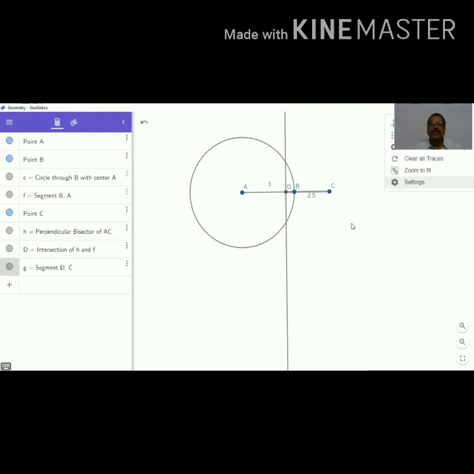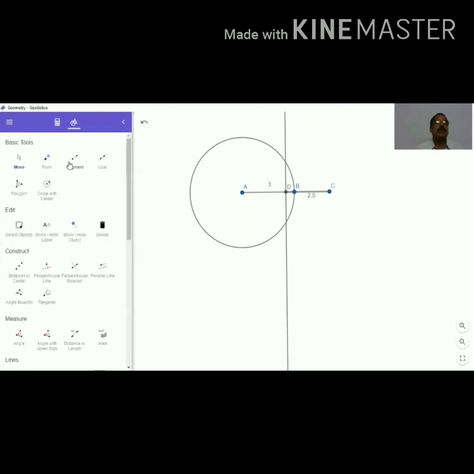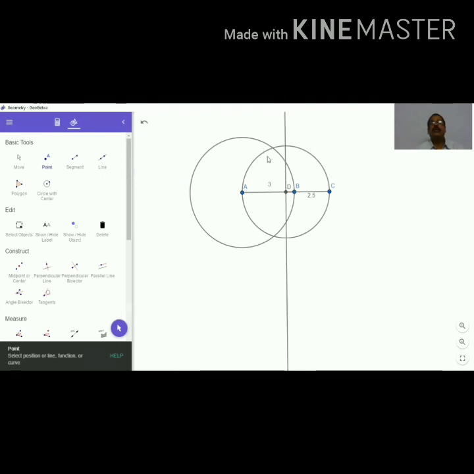Now I am going to draw another circle with center D. Now it is passing through A and C. Now the intersection point of two circles labeled as E and F. Now draw the line segment, join EC and FC.